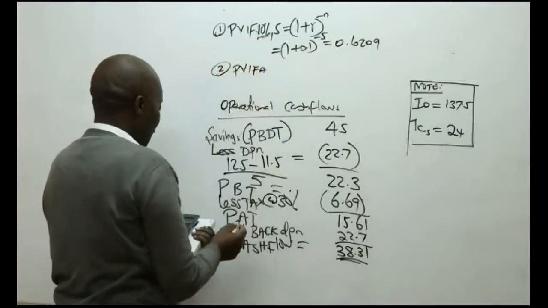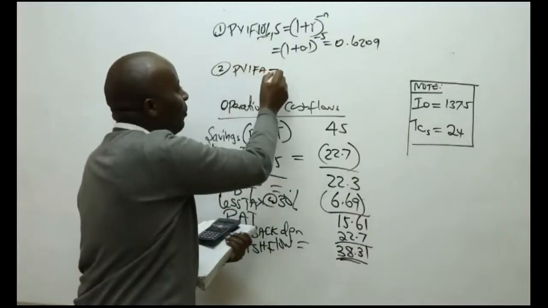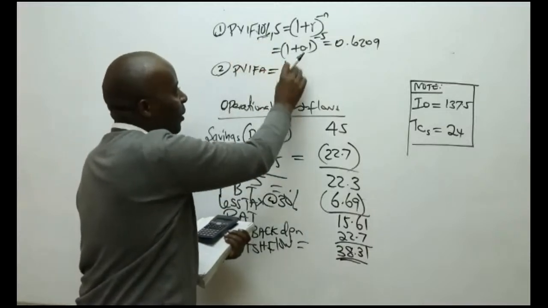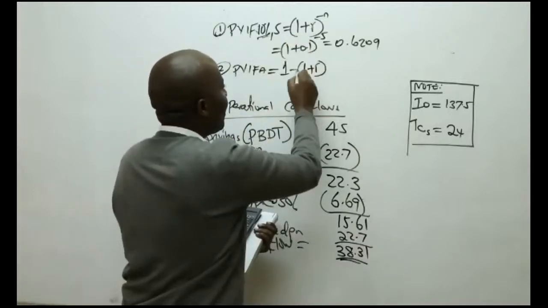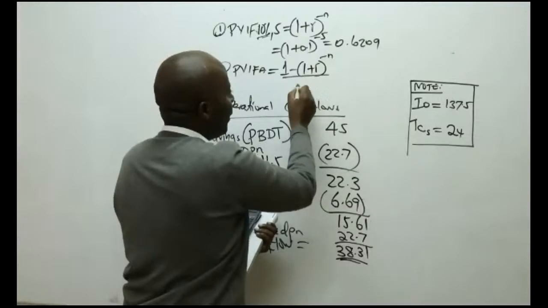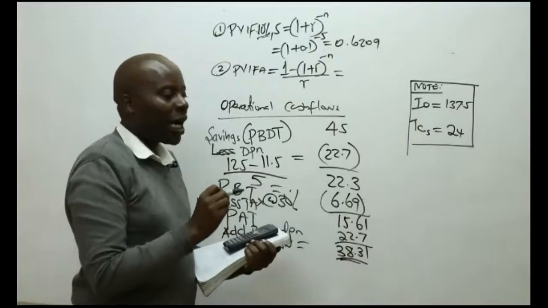And then number two, we have our PV for the annuity. This is an annuity cash flow. So the PV for the same parameters, but now remember the PV formula. It's normally gotten by taking 1 minus 1 plus r raised to negative n, and then everything divided by r. That's how we normally get our PV.